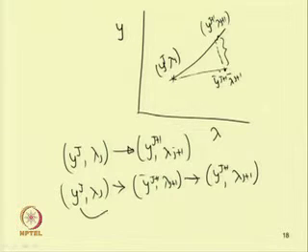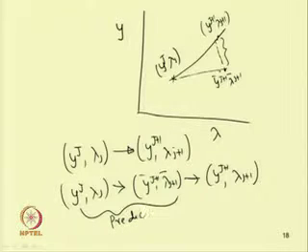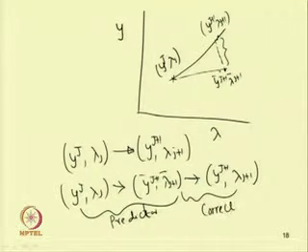The step from y j, lambda j to y bar, lambda bar is known as the predictor step, and this part is known as the corrector step. So one can use this predictor and corrector method to find the solution in case of this fixed point response.